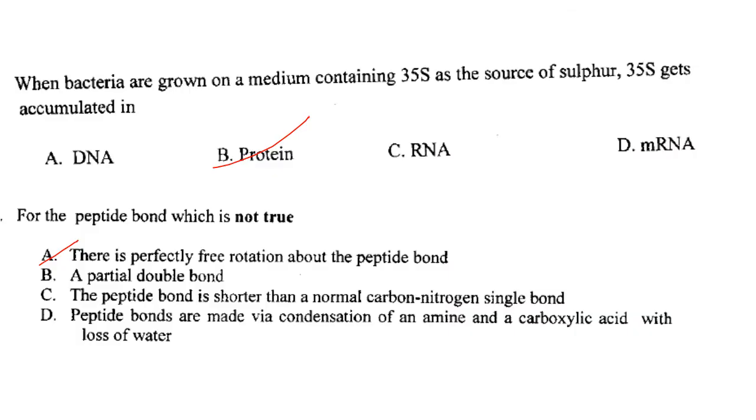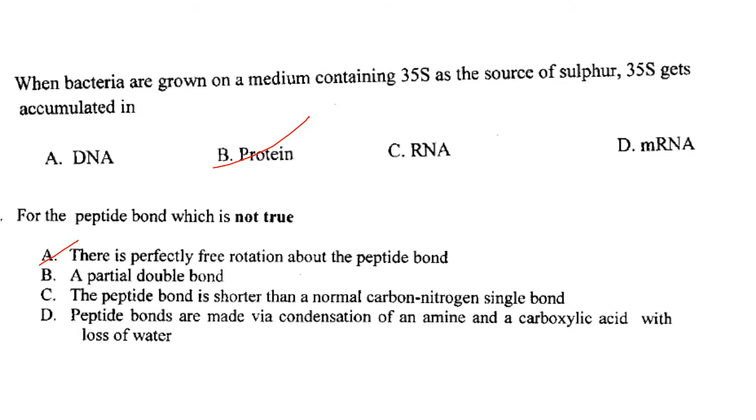Then when bacteria are grown on medium containing 35S as the source of sulfur, 35S gets accumulated in protein, because only proteins have sulfur in them, all the others do not have sulfur. So sulfur containing proteins are present, whereas DNA, RNA and mRNA do not have sulfur.